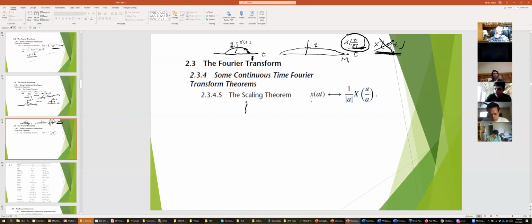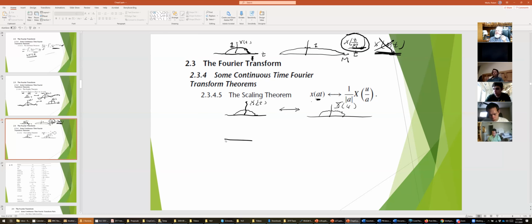It says that if you have a function in one domain, say an x of t, and it has a Fourier transform of x of u, then if you shrink this, notice this is x of a of t, so if a is greater than 1, we're actually shrinking it, making it smaller.